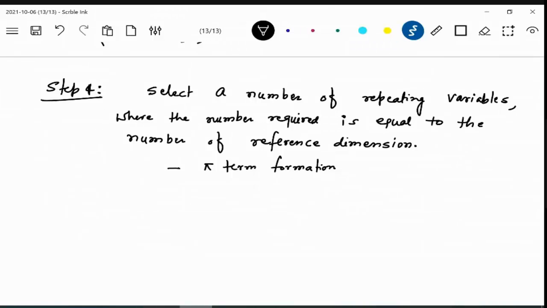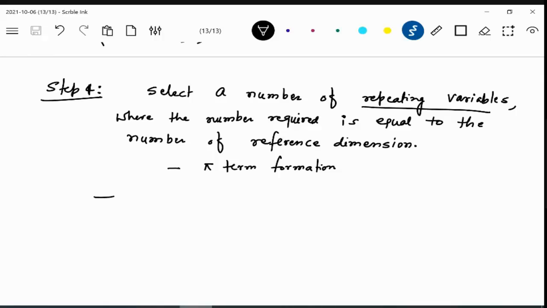Now, when you are choosing the repeating variables, once again you have to make sure that by combining these repeating variables, you cannot form a dimensionless product. This means they should be independent.